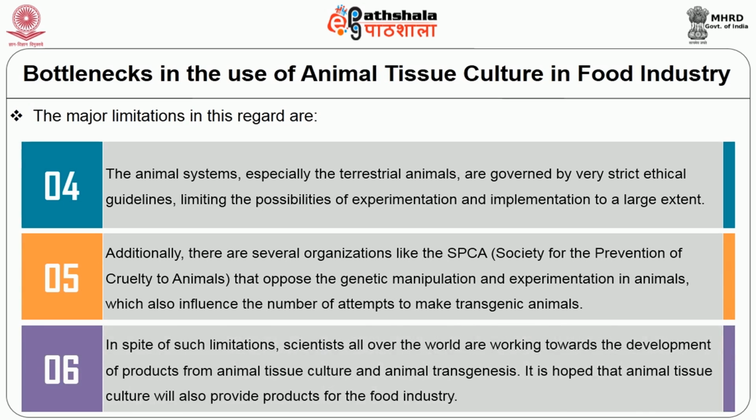In spite of such limitations, scientists all over the world are working towards the development of products from animal tissue culture and animal transgenesis. It is hoped that animal tissue culture will also provide products for the food industry as it does for the health sector and medicine in the near future.